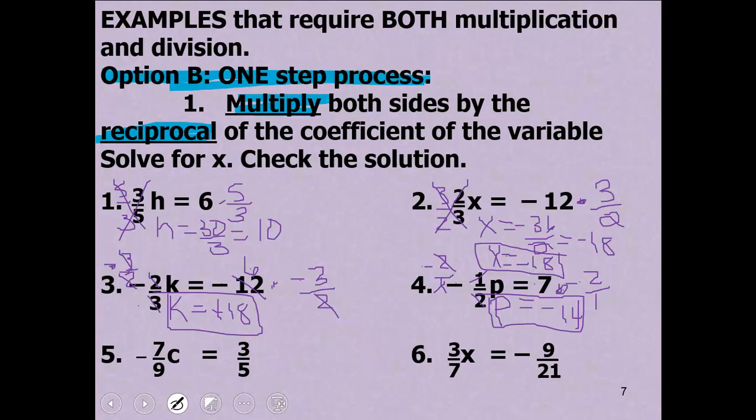Now, the power of this option shows up right here when you're multiplying by 2 fractions together. I'm going to multiply by a negative 9/7. All right, the 9's cancel, the 7's cancel, positive times a positive gives me a negative, times a negative gives me a positive.